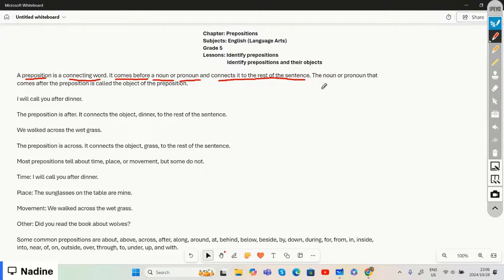So basically, that noun or that pronoun that comes after the preposition, we call that the object of preposition.